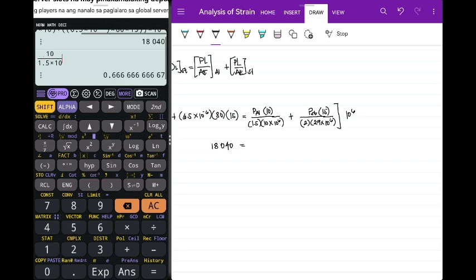So substituting everything and calculating everything, we are given 18,040. That is the thermal term, right? The term from the left side of the equation. Now doing the right hand side, 10 over 1.5 times 10, which is basically 1 over 1.5, we're given a repeating number, 0.6667.